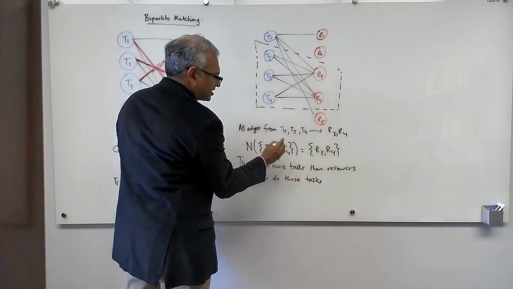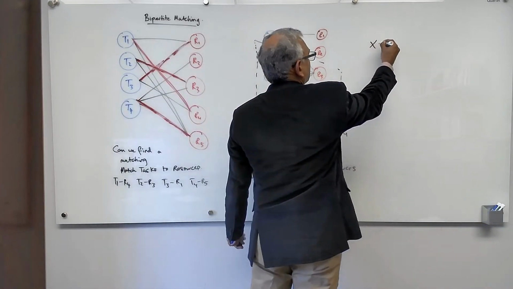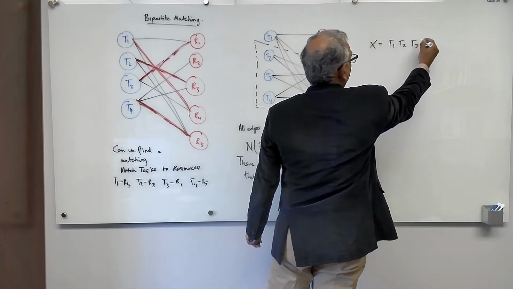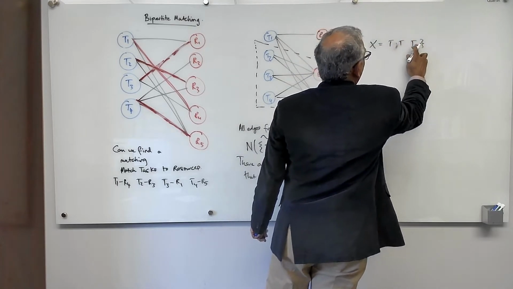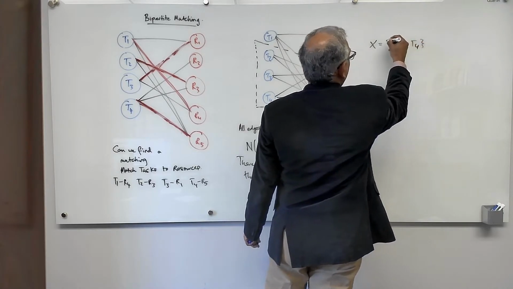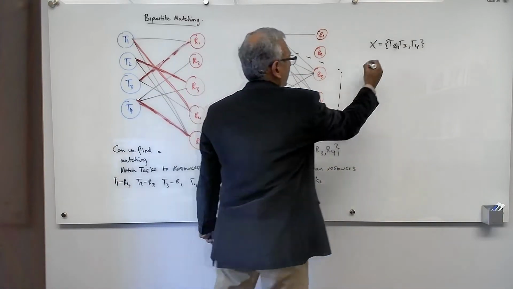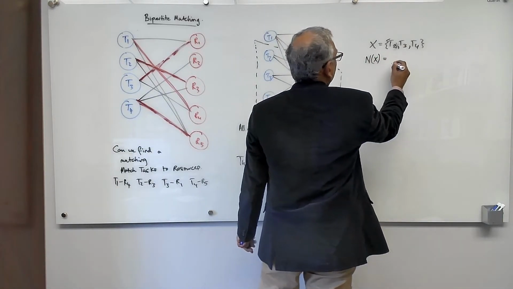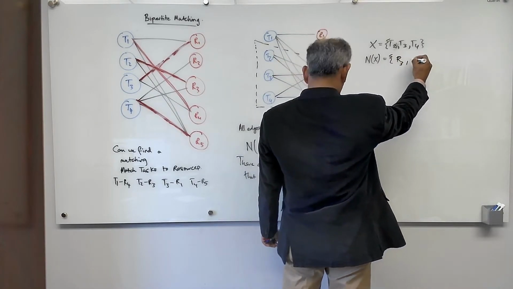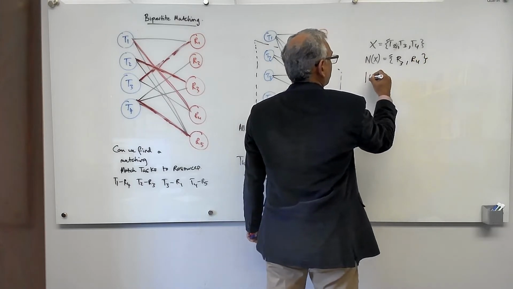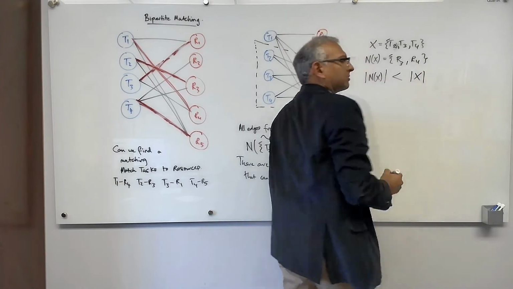So if we call this set X, so we have a set X equal to T2, T3, T4, then the neighborhood of X is equal to R3, R4, and the size of the neighborhood of X is less than the size of X, and so that means it cannot be done.